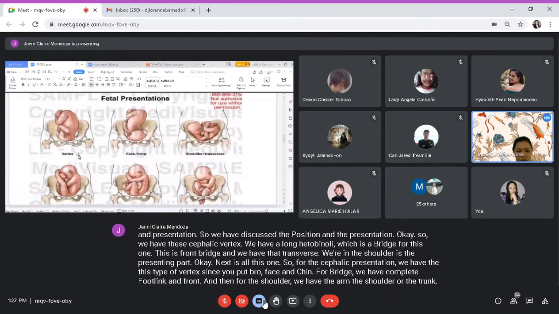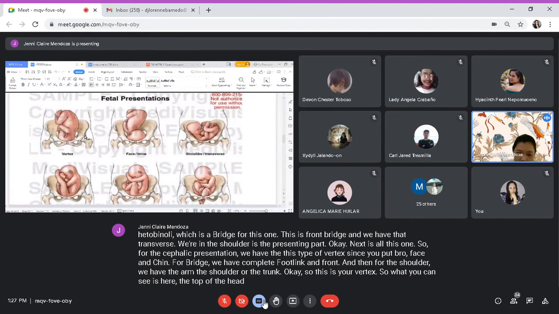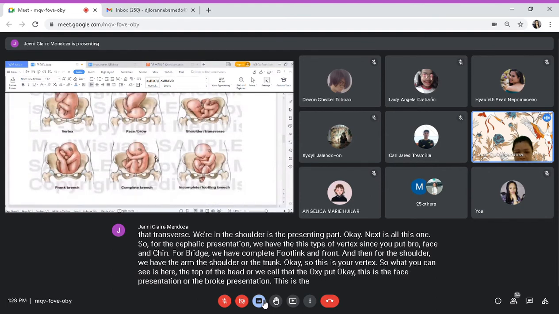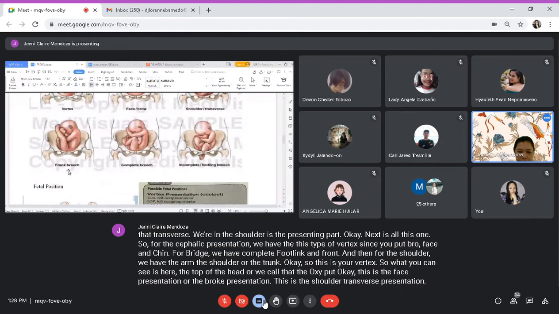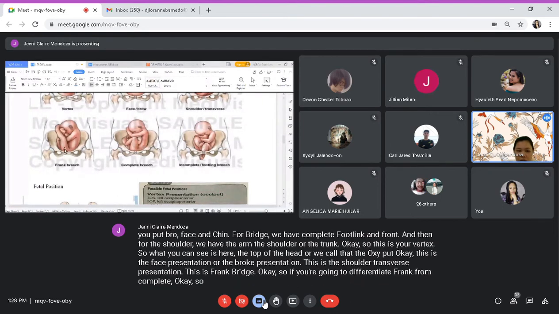So this is your vertex. What you can see here is the top of the head, or we call that the occiput. This is the face presentation or the brow presentation. This is the shoulder transverse presentation. This is frank breech. If you're going to differentiate frank from complete, when you say frank, the feet are extended.